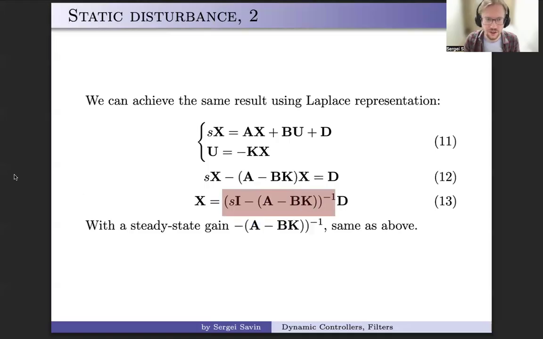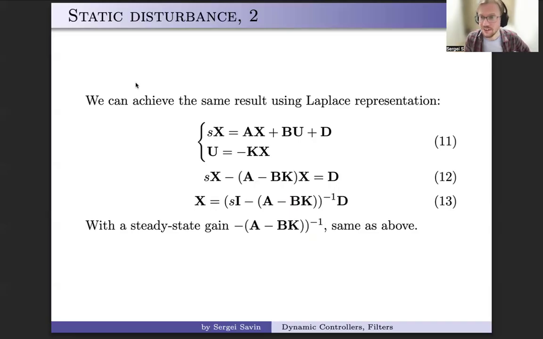We cancel the part with S, and we get everything that remains. So minus A minus BK inverted. Exact same gain as before, right? That is what's going to multiply our input to get the output. So you can see how it can be done in both state space and Laplace representation.